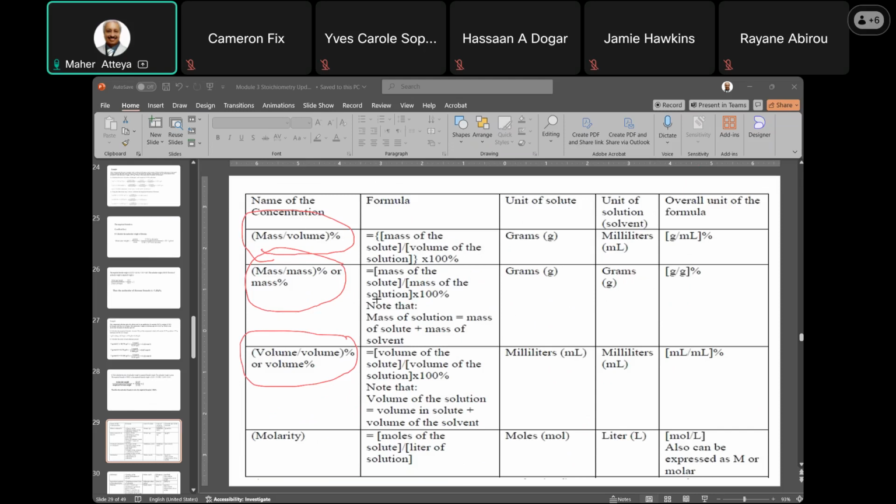And how do we solve this? Mass to volume, mass of the solute. Any solution is made of solute and solvent. Solution equals solute plus solvent.